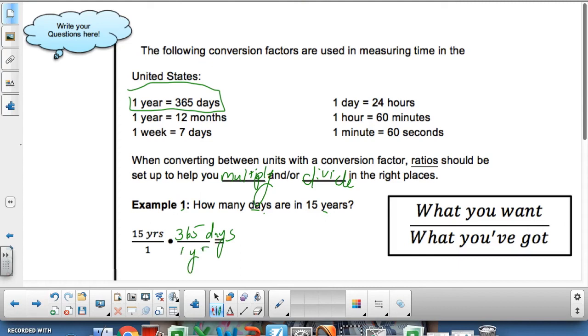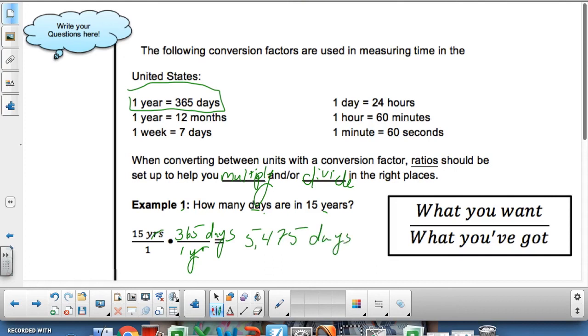The reason it's important that you set up the ratio that way is because now when I multiply across, I have years in the numerator and years in the denominator, and they cancel each other out. Basically anything divided by itself gives you 1. A year divided by a year, that's gone. That's a 1 now. Okay, so now all I have is 15 times 365, which you can put in your calculator, and it ends up giving you 5,475, and the only units left are days.